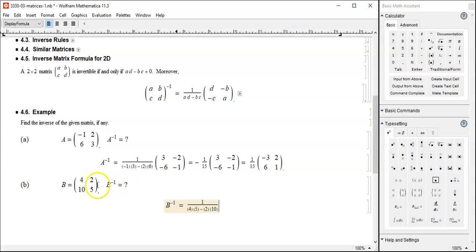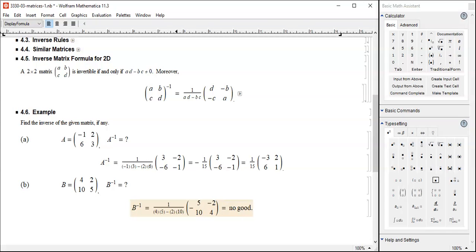And then how about the matrix part? We have to switch the principal diagonal and then put negatives on the others. Basically, that's what this formula says. And then let's simplify. What do you get? 1 over 20 minus 20, and looks like this is no good.